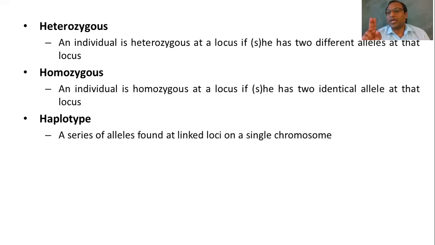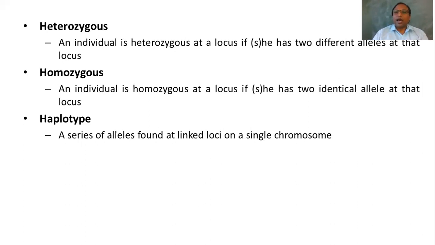An individual is homozygous at the locus if he or she has two identical alleles at that locus. If two different places are there, like for example, this is the arm, and one is present at this locus and one is present at this locus, this is heterozygous. If both are present in the same part, then it is homozygous.